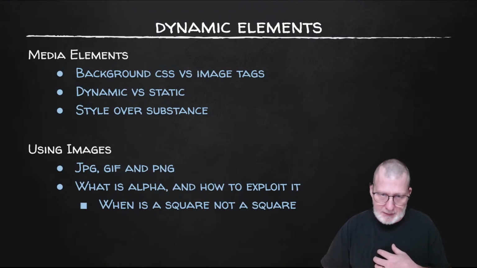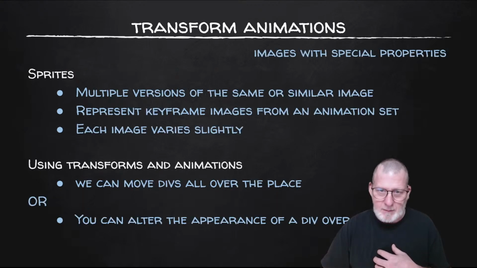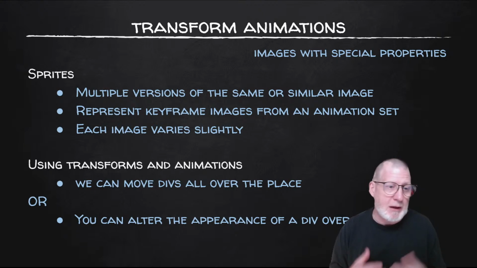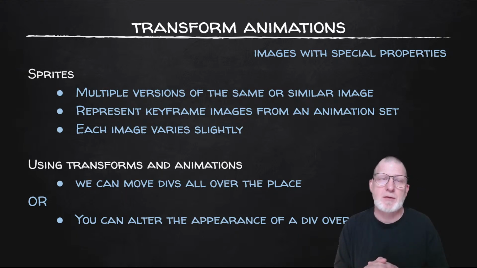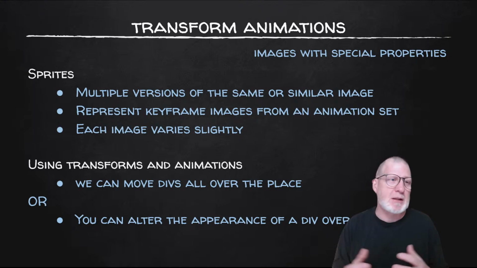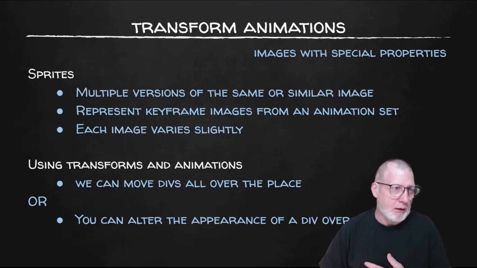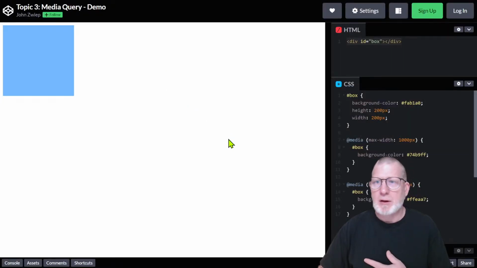Let me go back to that slide. There we go. And we can do this by applying these transforms. It might make more sense if I can actually make something happen and work that way. Let's take a look at our media query in CodePen again.